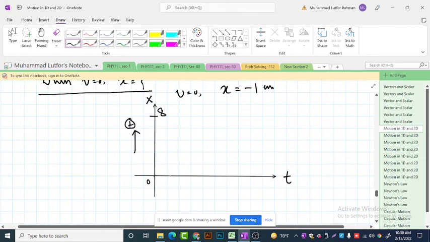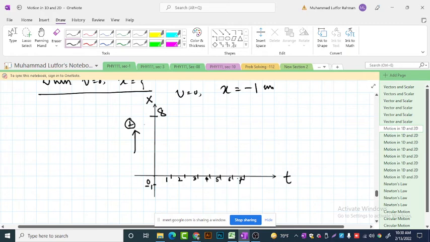And I label the time: 1, 2, 3, 4, 5, 6, and 7. I also mark this minus 1 that I found. For calculation only I draw this one, although my drawing is not exact.